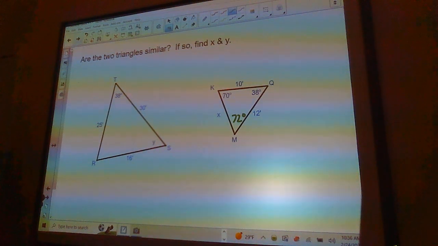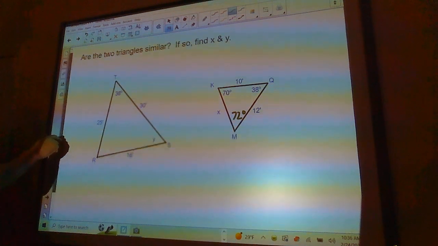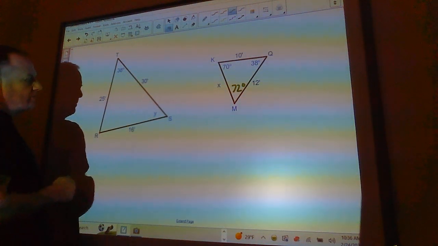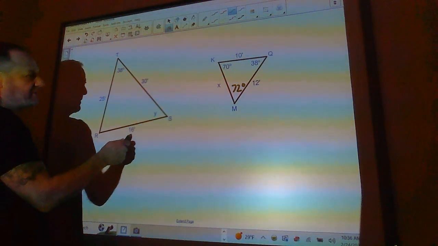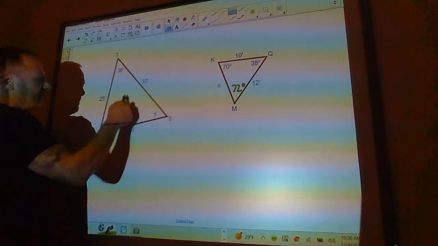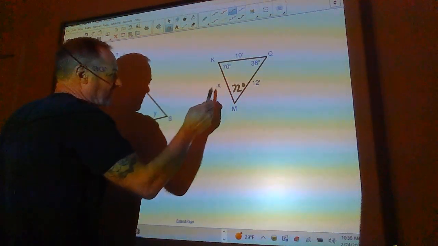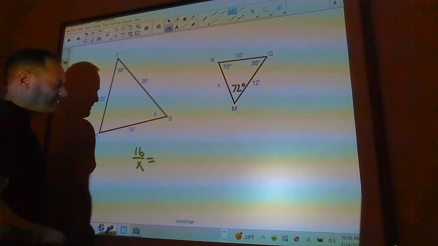So I'm going to look to the sides here and figure out, okay, are these sides proportional? The smallest side, wow, I don't even know. Let's see, this is going to be the smallest side because it's across from the smallest angle, so that's 16. And the smallest side on the other triangle would be across from the smallest angle, that would be x.